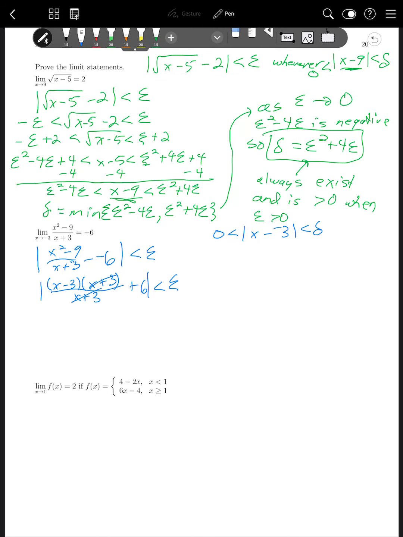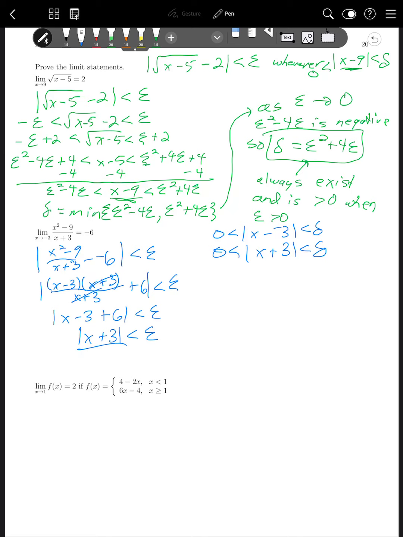Okay? Cancel out the x plus 3's. So this is the absolute value of x minus 3 plus 6 is less than epsilon. And then if I simplify that, I get the absolute value of x plus 3 is less than epsilon. And so now you should notice these are the same. Right?